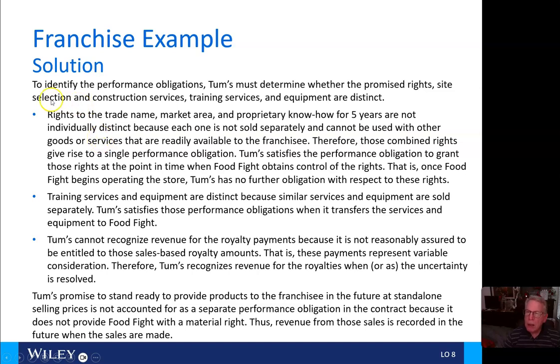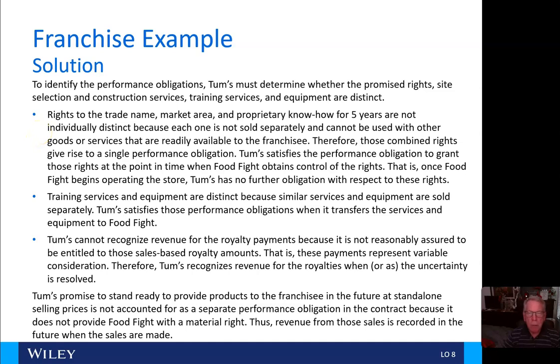To identify the performance obligations, Tums must determine whether the promised rights, site selection and construction services, training services, and equipment are distinct. So, the rights to the trade name, market area, and proprietary know-how for 5 years are not individually distinct because each one is not sold separately and cannot be used with other goods and services that are readily available to the franchisee.